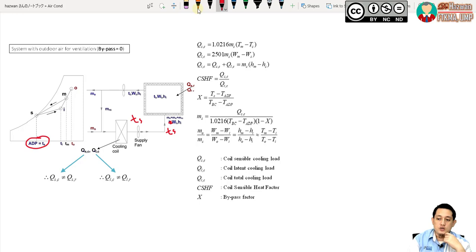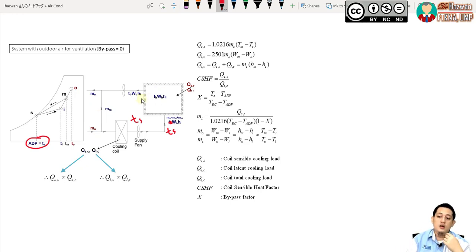So look at this situation here. We have a system with outdoor air for ventilation, which means we have this one also, an outdoor air. This outdoor air will be mixed together with the air from inside this room.